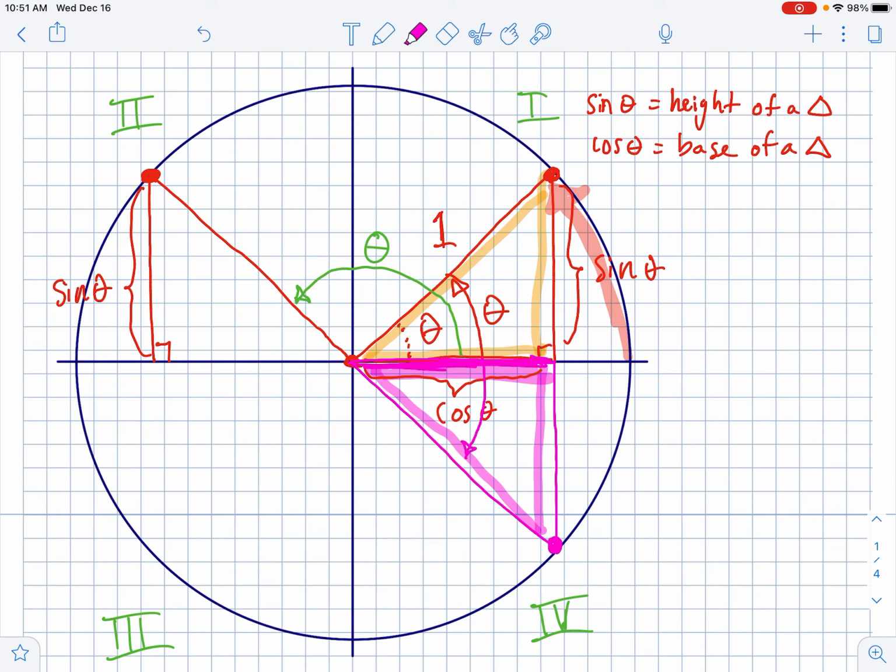They share the base of the triangle. So this rotation here, which would be negative theta because it's going clockwise, not counterclockwise, would have the same cosine values.